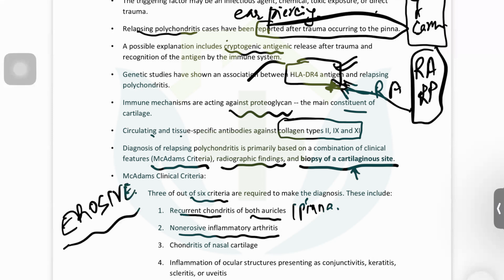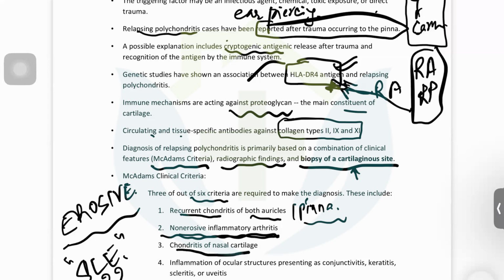How about SLE? Non-erosive. So in SLE, the arthritis is non-erosive. That also can happen in case of relapsing polychondritis.